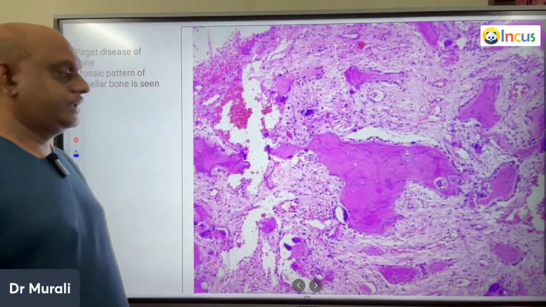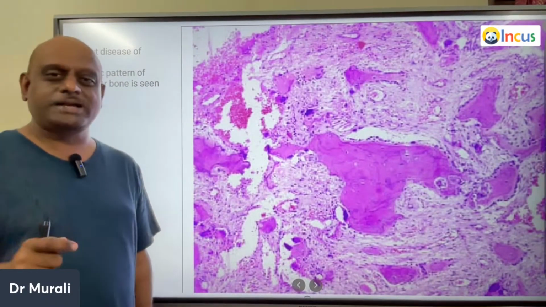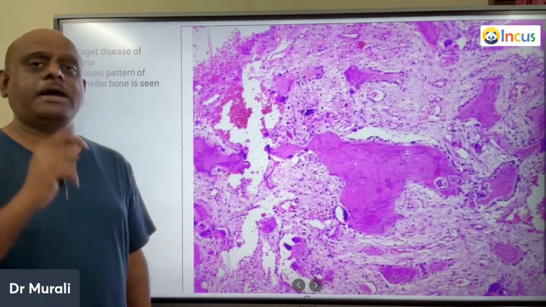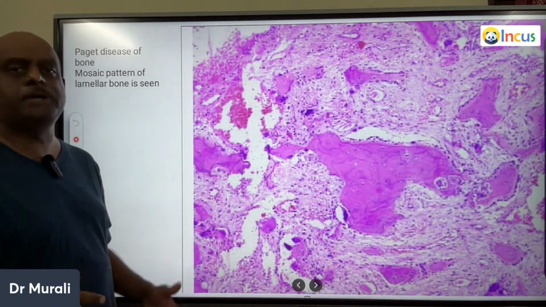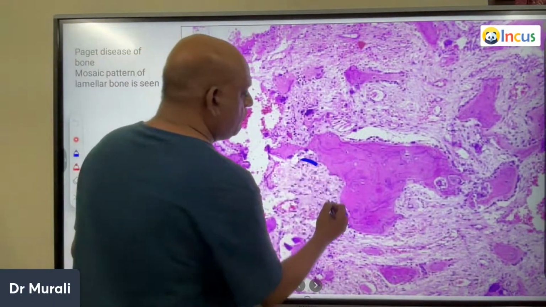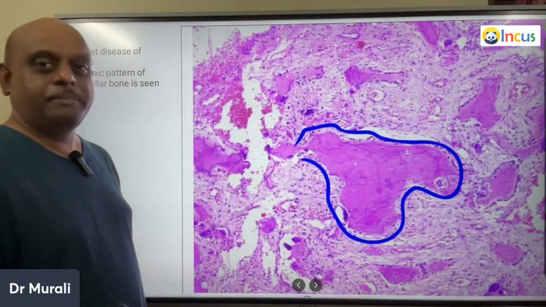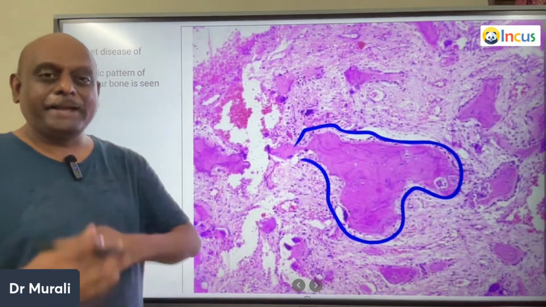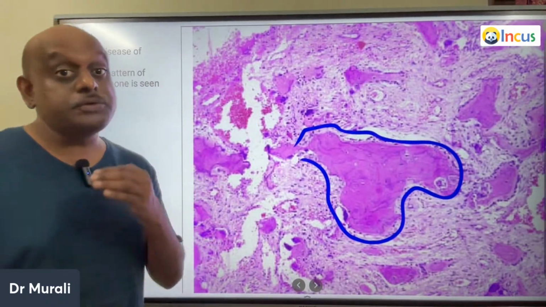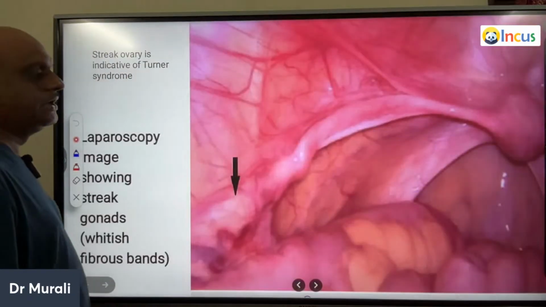So now, in a patient with Paget's disease, what is the histopathological hallmark whenever you do the bone biopsy, doctor? There is something called a mosaic pattern, because of the irregular bone formation and resorption in Paget's disease. What do you get? Mosaic pattern in case of Paget's disease.